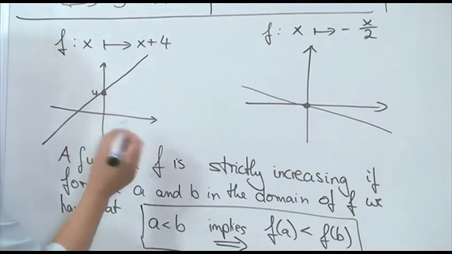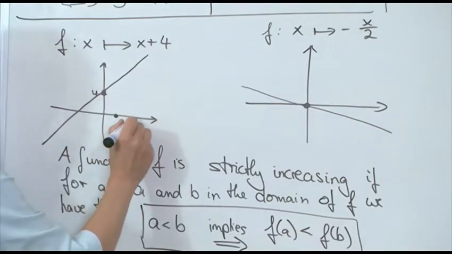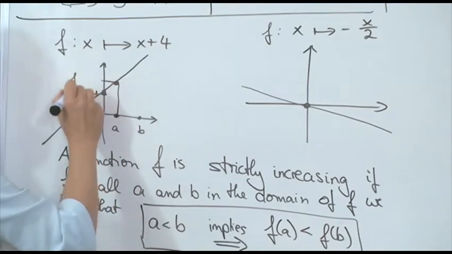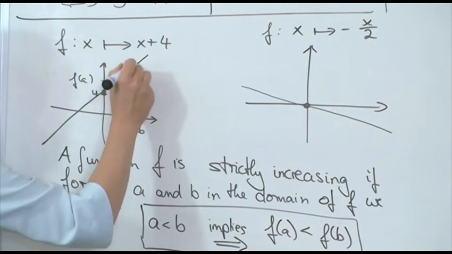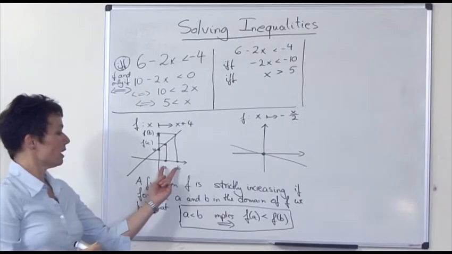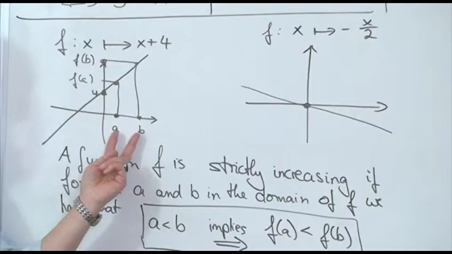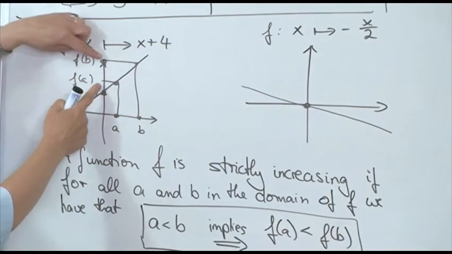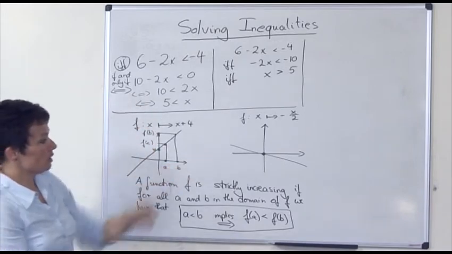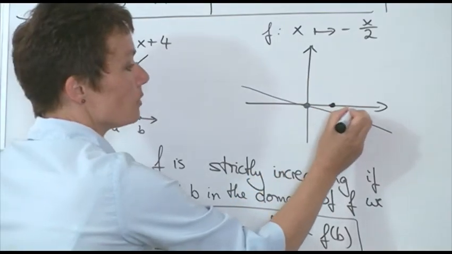Right? So if, for example, here's little a, here's little b, then this is f of a, over here is f of b. So this says if I take two values, a less than b, and then compare their images, then f of a is less than f of b. And you see that for this function it's just the other way around.